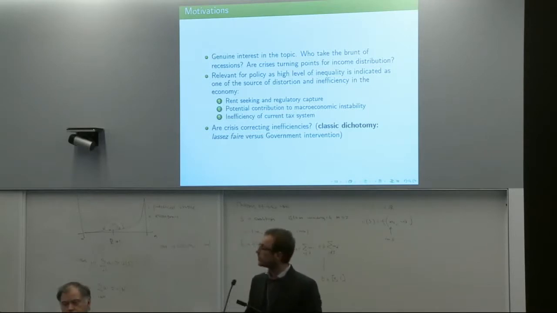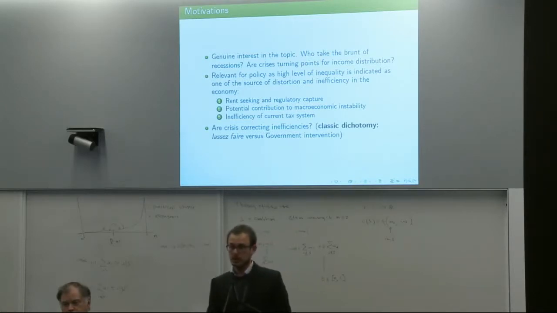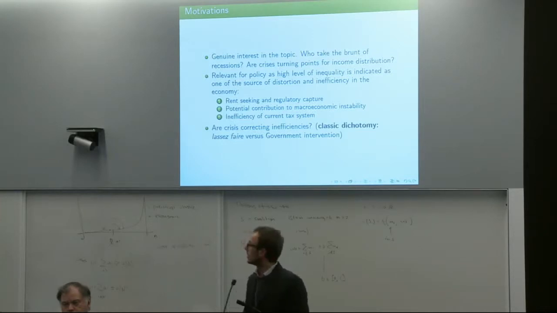So if we really believe that this high level of inequality is inefficient, and if we really think that major crises can be the manifestation of the self-correcting forces of markets, then we can rephrase our questions, building on a contribution by Emma Rothschild yesterday night.